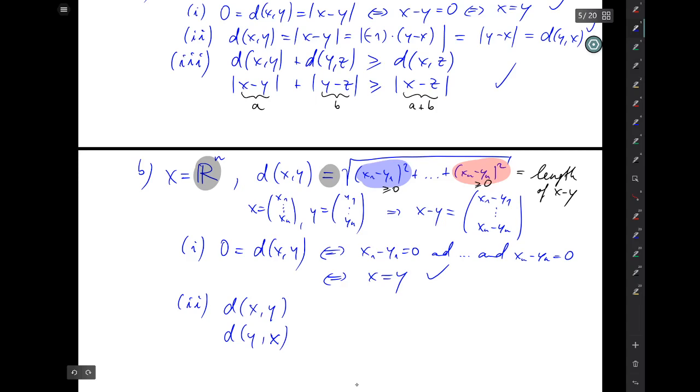Well, for d of y comma x, you would just exchange these here, which makes the term in the bracket just a negative of what it was before, but then you take squares, which just ignores the negative, and you add up to the very same expression. Okay, so indeed they turn out to be just the same.